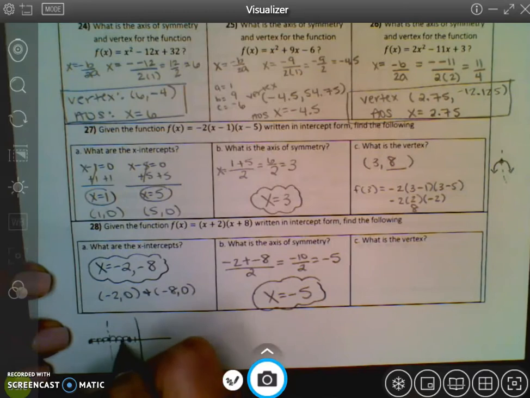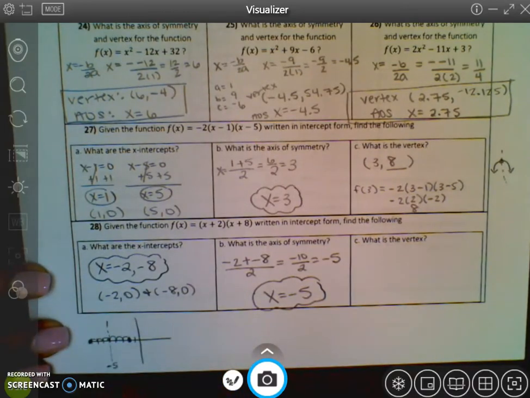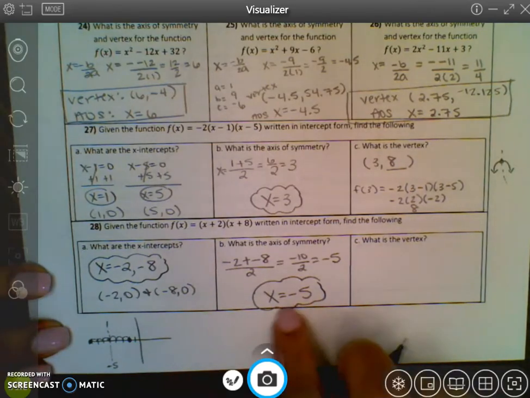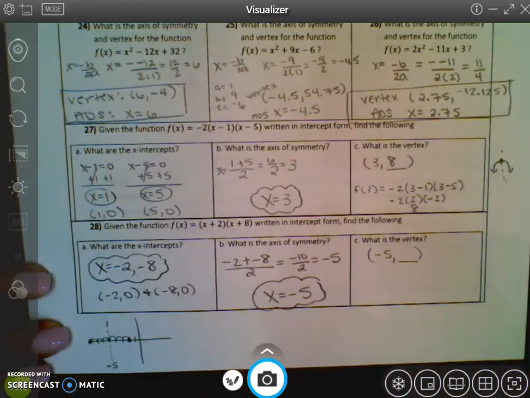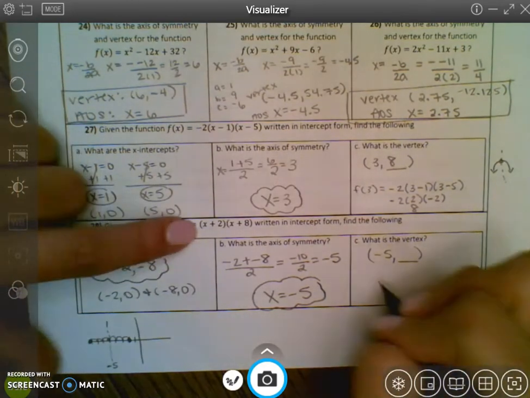So 1, 2, 3, 4, 5. So that in fact is -5. If you're unsure, sketch a little graph or use graph paper. Okay, so if this is my x, that's the same x as the vertex. I just need to find the y now. So again, plug it into the original.